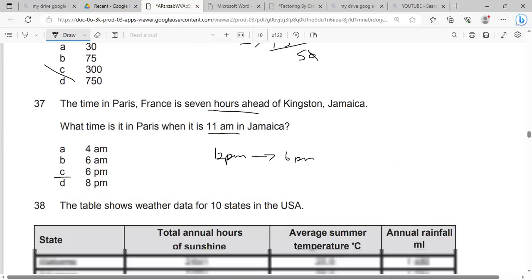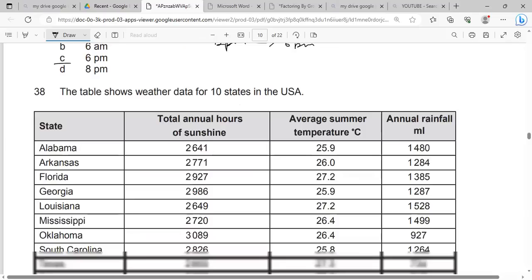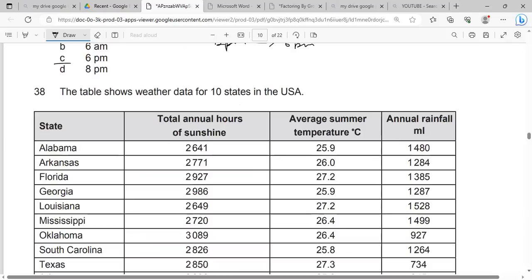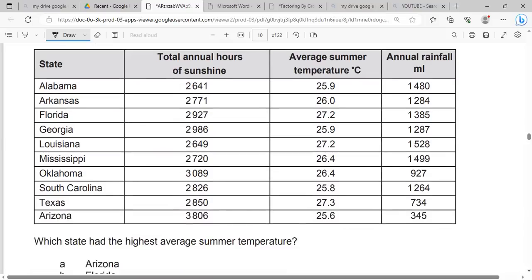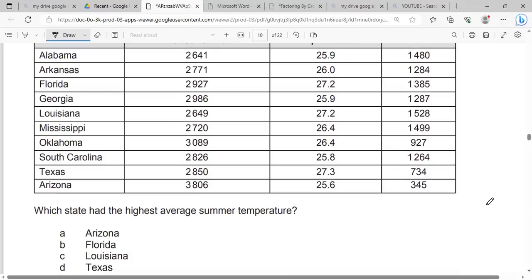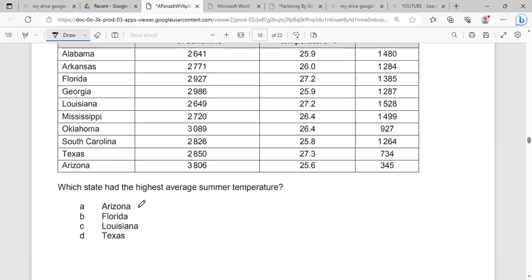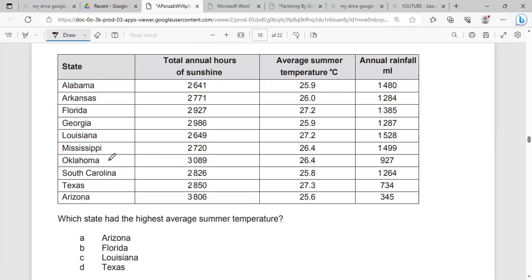The table shows the weather data for 10 states in the USA. So we have Georgia, and so on. Let's go down to the question. Which state has the highest average summer temperature? I can't look through everything. So what I'm going to do is just look at Arizona and then compare. Arizona, that's 25.6.